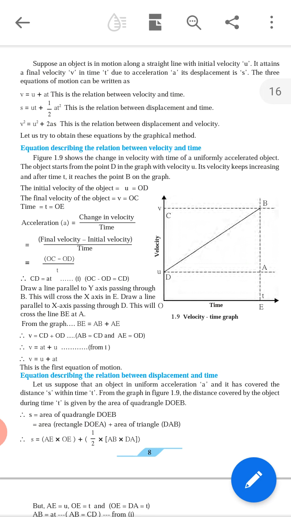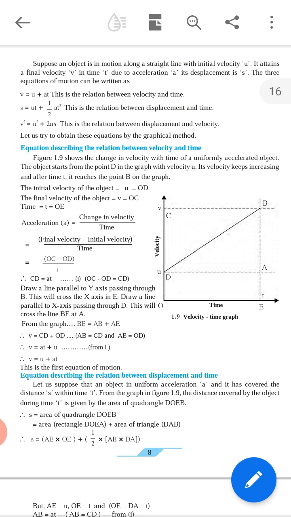As BE is equal to CO, since they are opposite sides, the final velocity v is equal to BE. Then BE is equal to AB plus AE, and v is equal to CD plus OD.